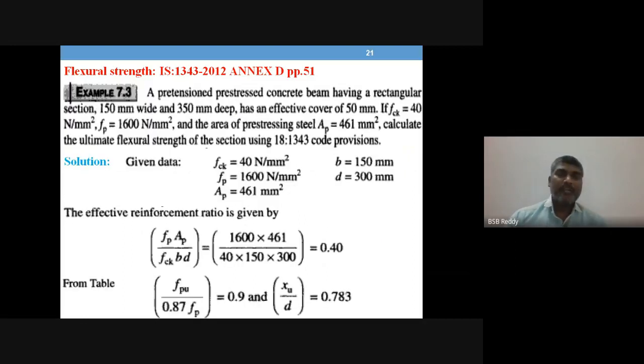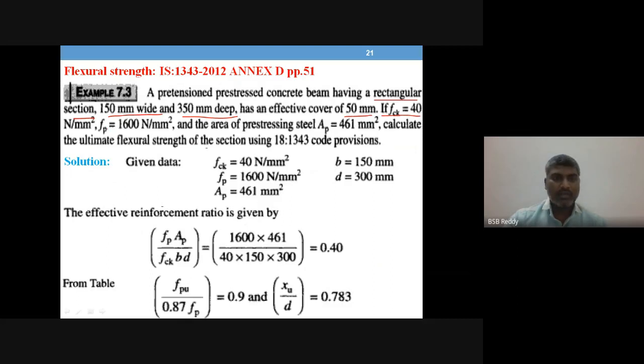A pre-tensioned prestressed concrete beam having a rectangular section 150 wide, 350 deep, has effective cover 50 mm, and FCK 40 megapascal.